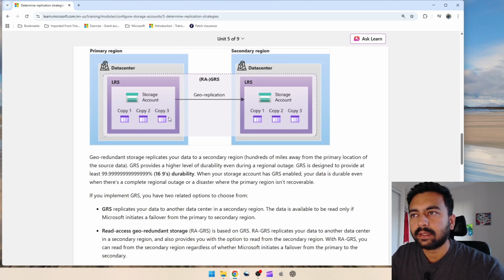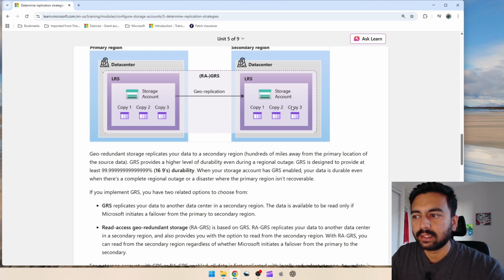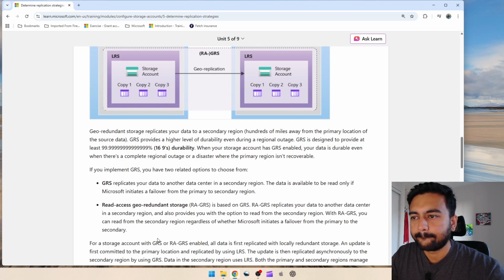While in RA-GRS, the data is always available as read only from the secondary region if you choose to see your data, regardless of whether Microsoft initiates the failover or not.